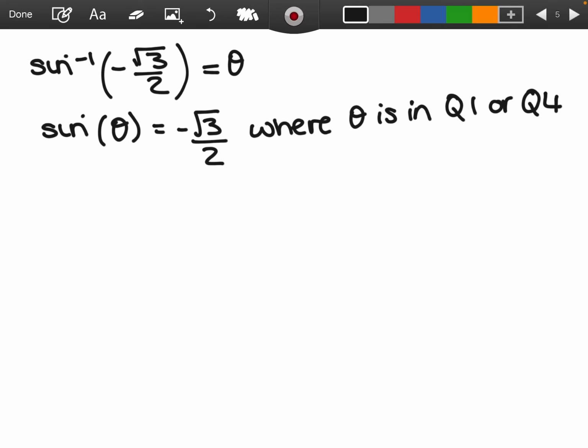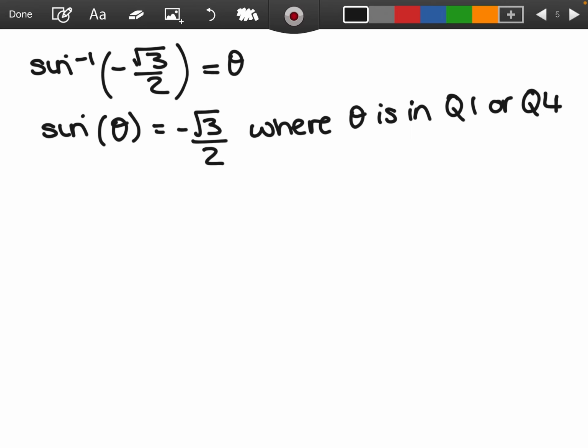Bearing in mind we have a negative here, that tells me that I must be in quadrant 4 because both x and y coordinates in quadrant 1 are always positive. So I know I have to be in quadrant 4 because that gives me a y coordinate and therefore sine of an angle that is going to be negative. So I know I'm already in quadrant 4. Question is, what's the angle?